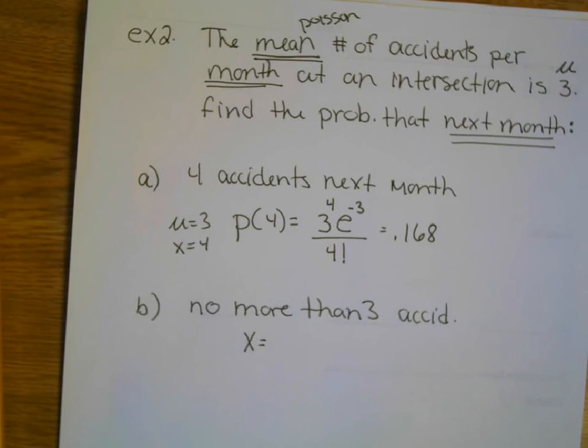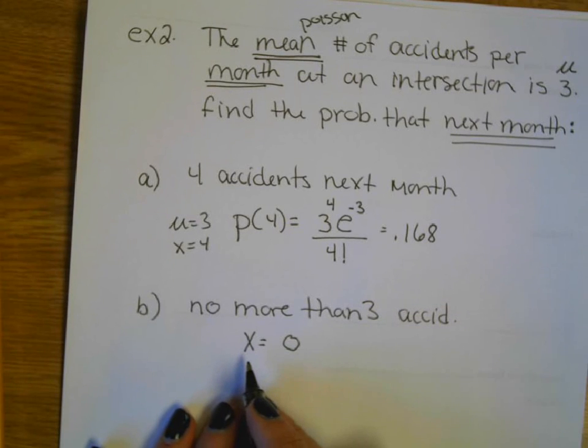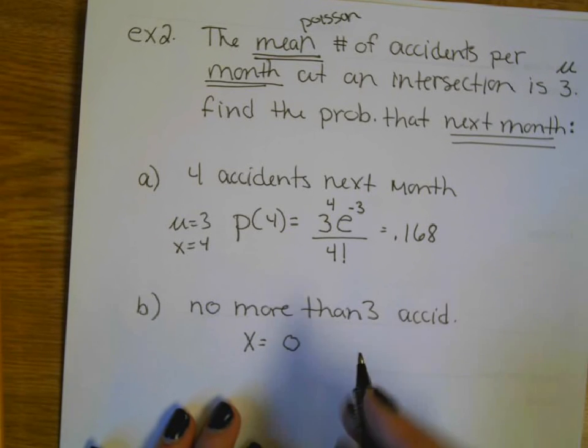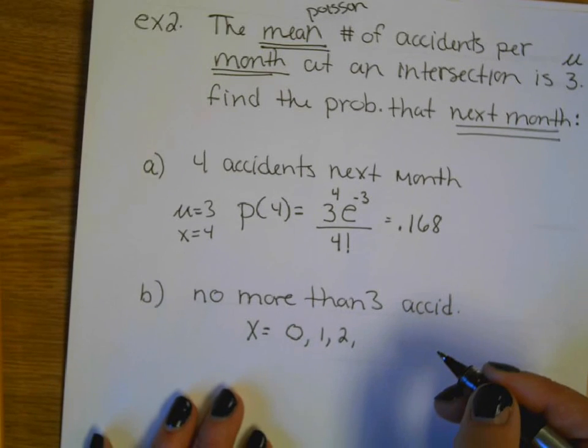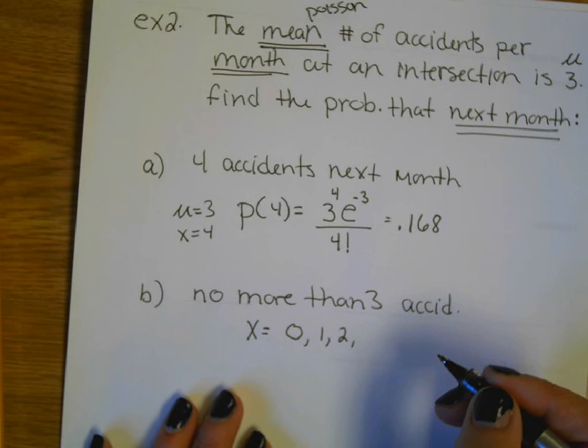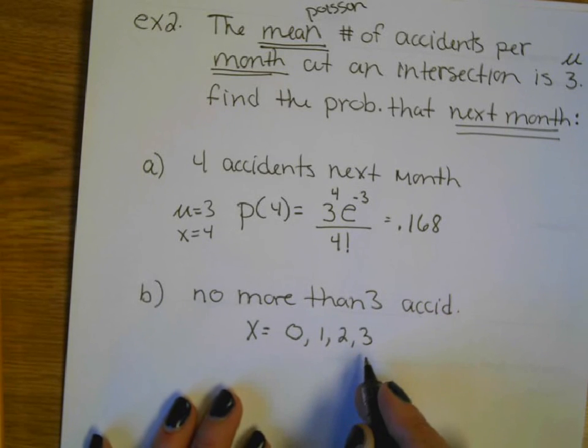Could there be no accidents next month? Yes. The Poisson can have a 0 X value, the binomial can have a 0 X value, the geometric cannot. So 0, 1, 2, and we're stopping at 3, including 3. We need those 4 probabilities added up.